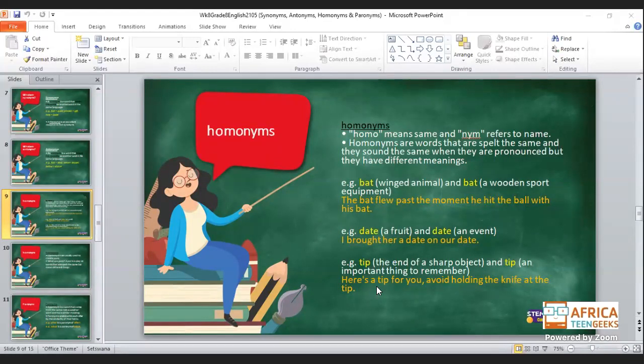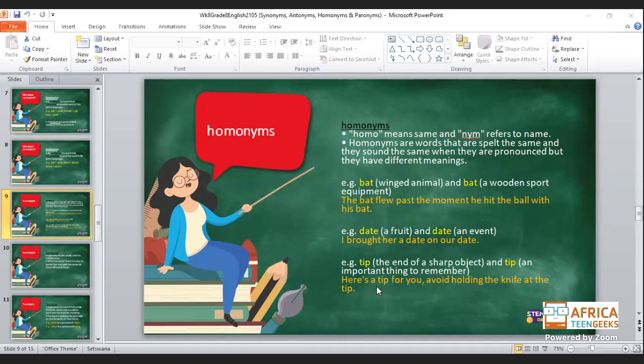We have a viewer saying left and left. Yes, that's correct. The first left is the opposite of right, and the other left is the past tense of the word leave.